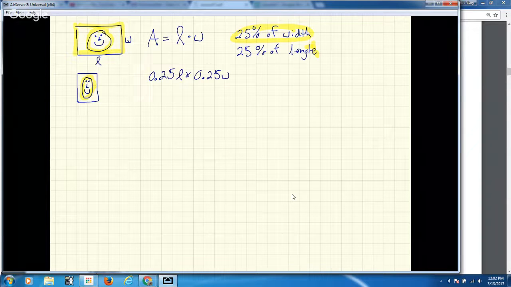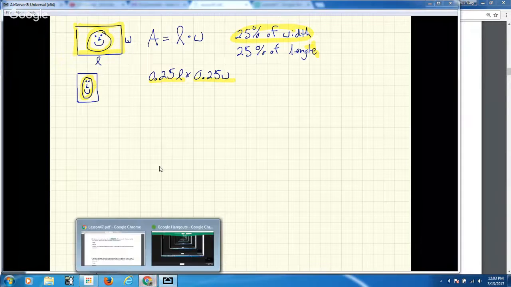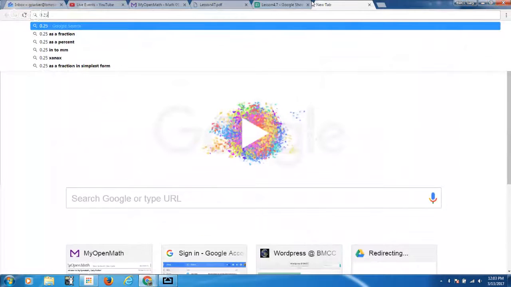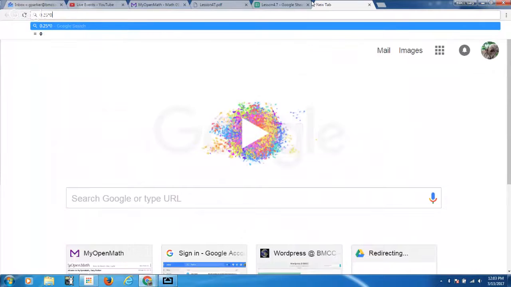So taking 25% of the length times 25% of the width, if we clean that up, 0.25 times 0.25, I think is 0.0625. Let's ask a calculator. 0.25 times 0.25 is 0.0625.